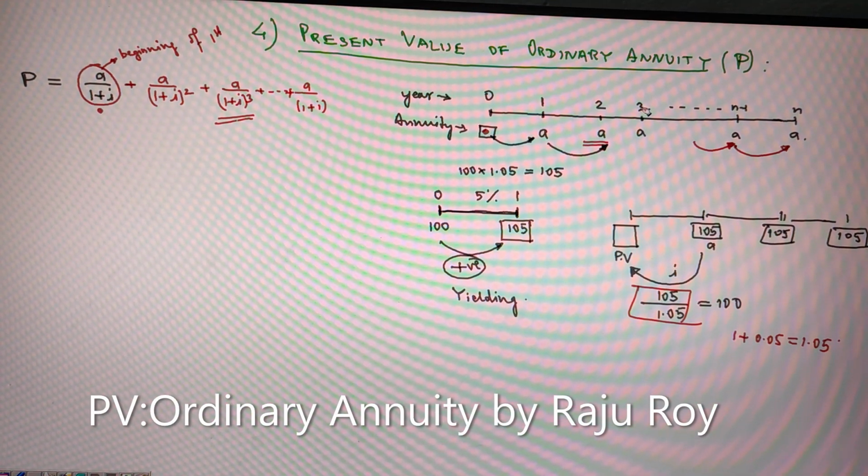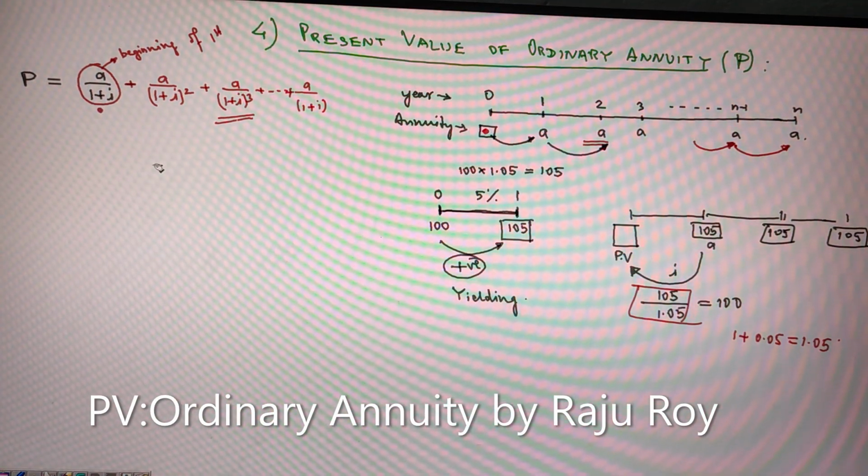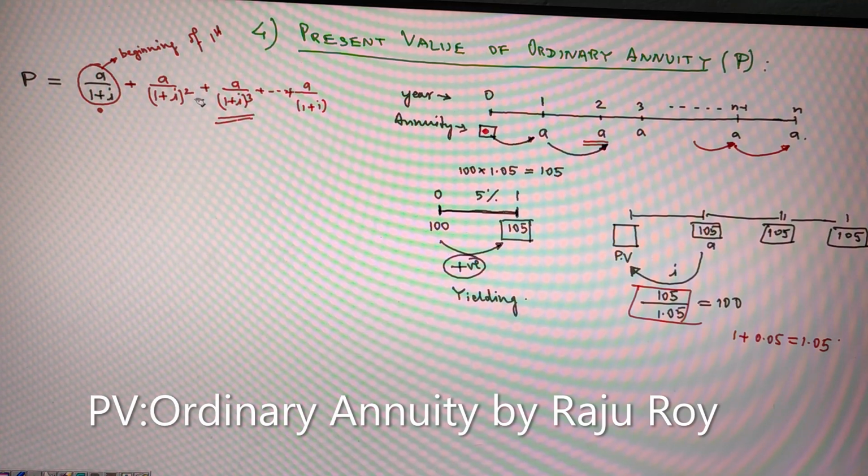Okay, so at the beginning of the first year you are paying A by 1 plus I amount, means this much will give you the amount of rupees A after 1 year, right? Similarly, this is the amount you are paying at the beginning of the second year, then only you are getting A amount in the second year. First year A amount, second year also A amount.